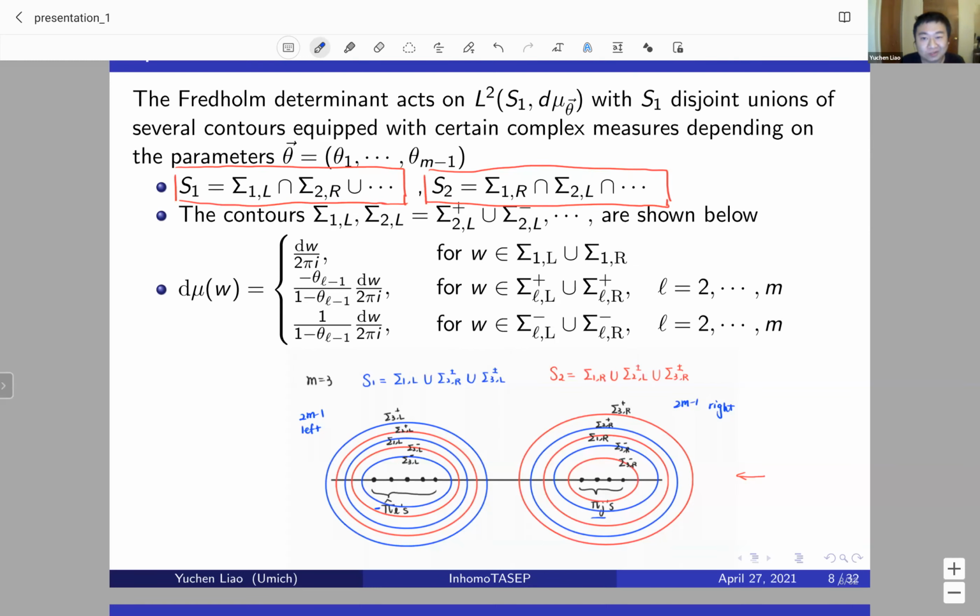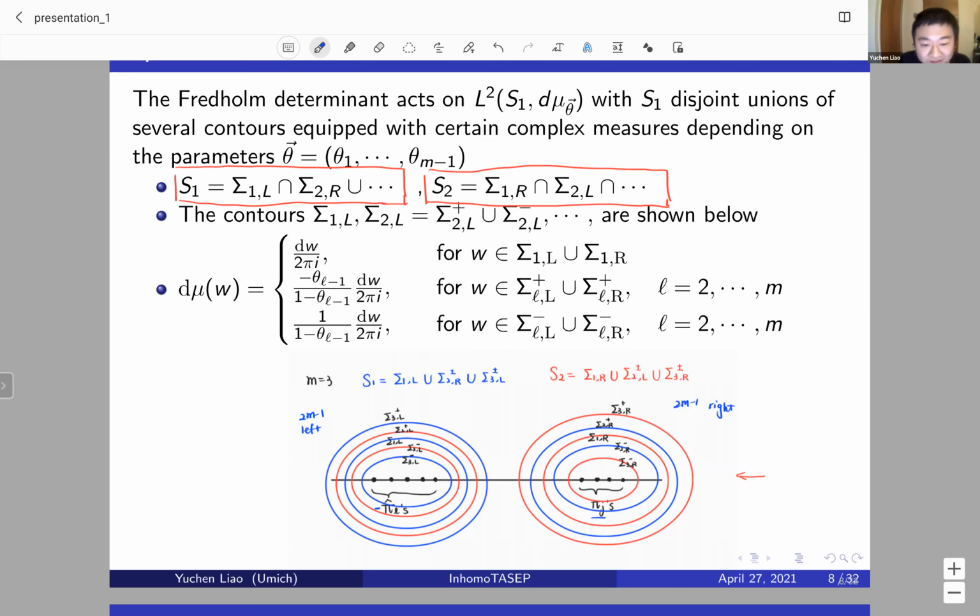That is, we put it inside the underlying space, and the way it's done is not that complicated, but it's mysterious in some sense. For the first contours, sigma 1 L and sigma 1 R, we simply associate the normalized Lebesgue measure.